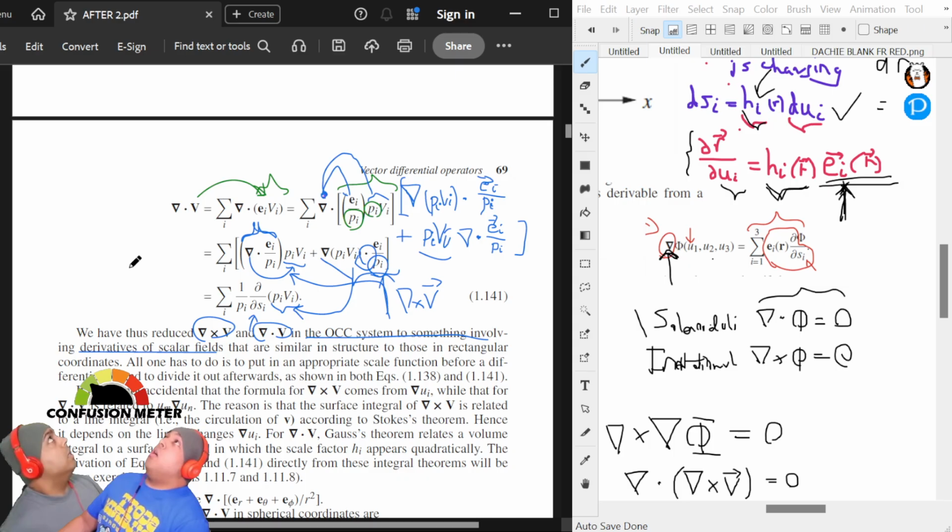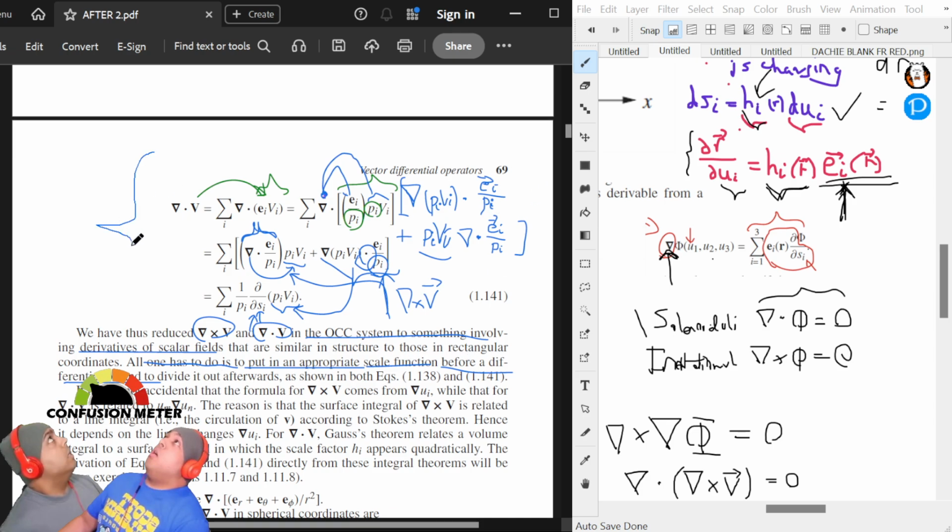Okay, yeah, I agree. All one has to do is put in an appropriate scale function before a differentiation and divide it out afterwards, as shown in 1.13.